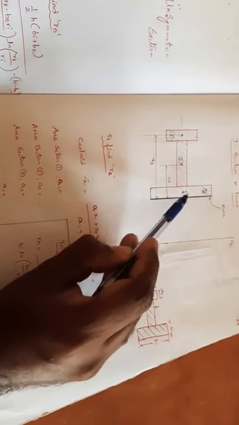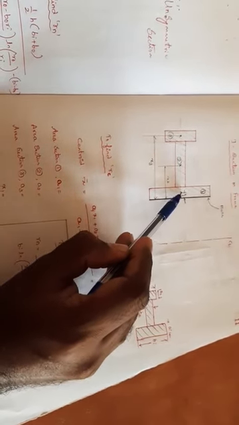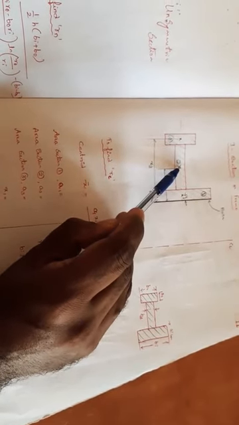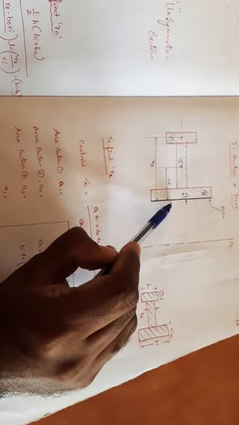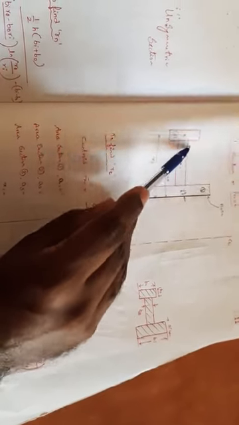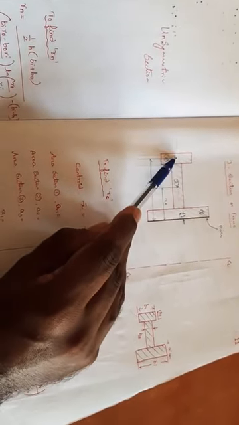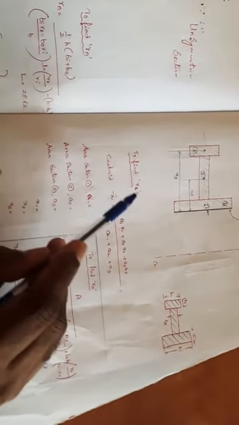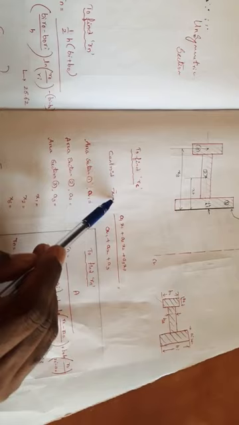From here to here is x1, the center of section 2 is at distance x2, and the center of section 3 is at distance x3. Substituting in this equation we get x bar.